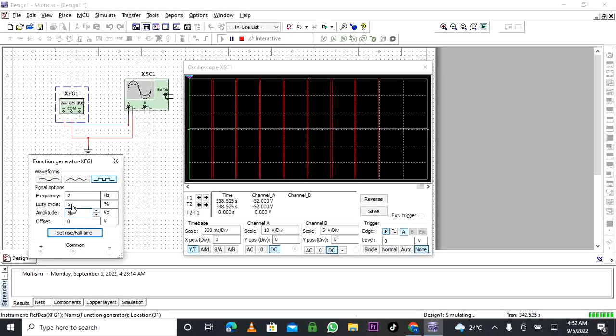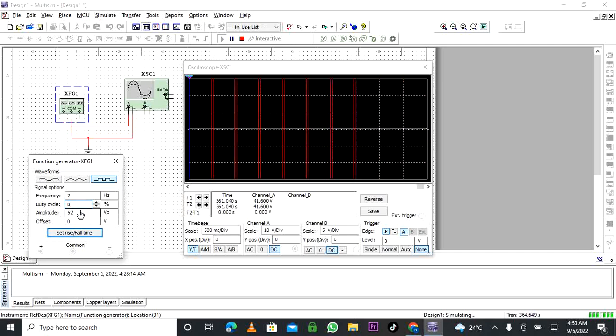And so you can see the waveform is now 5 volts from the lowest point to the highest point. And now let's change the offset because we don't want it to go from negative 2.5 to 2.5. We want to go from 0 to 5. So we're going to have to offset it by another 2.5 volts.